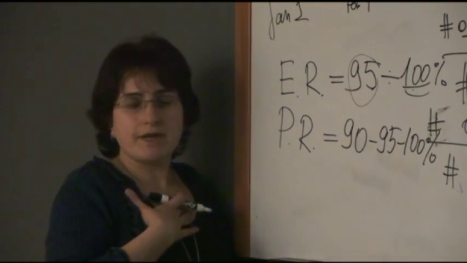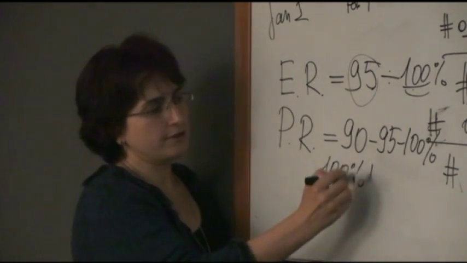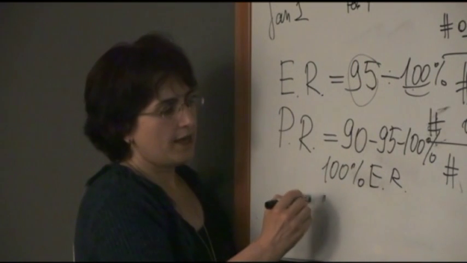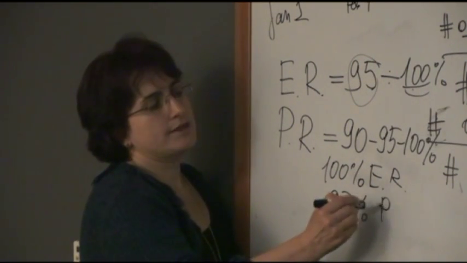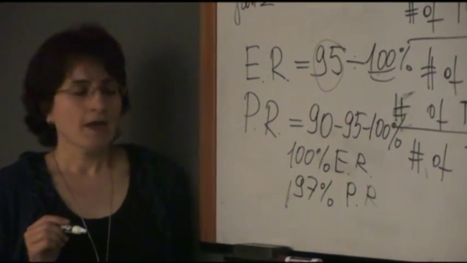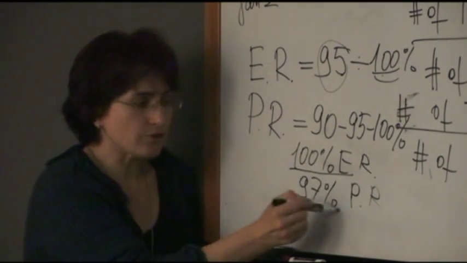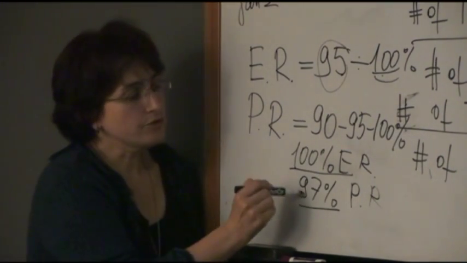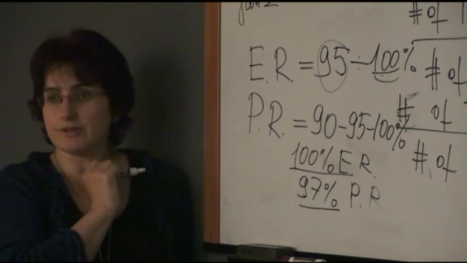In our company where I am right now, we have 100% execution. The requirement is 100% execution rate, and pass rate should be 97%. It is a very high quality standard, but this is what it is in my company. Again, we cannot look at those numbers only, because those 3% of the test cases which are failing cannot be critical test cases.